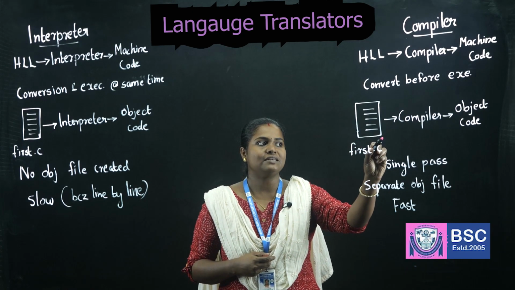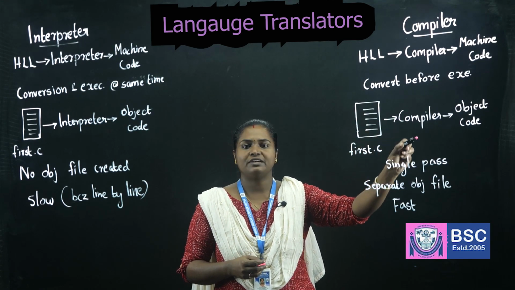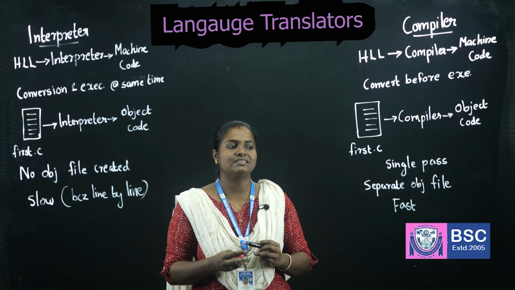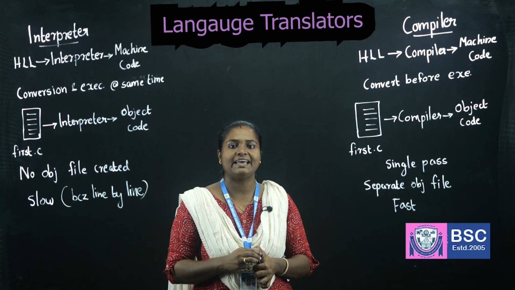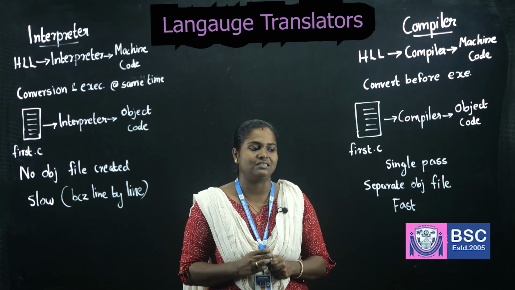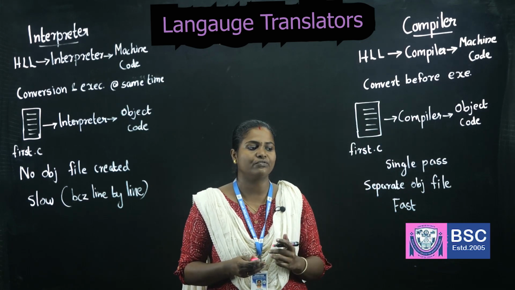So my program is considered as a single code, and it is converted into machine readable format in the case of a compiler. So it is a single pass process, and a separate file is created for storing the object. Object codes are saved in a separate file in the case of a compiler.